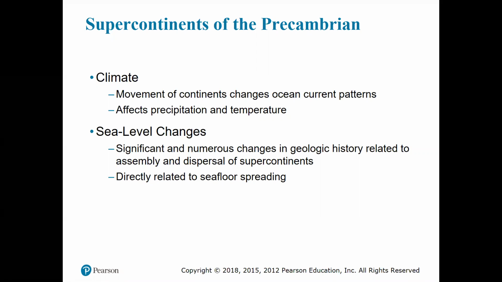Mountains, of course, have much higher elevations, and so they have lower average temperatures and have precipitation.